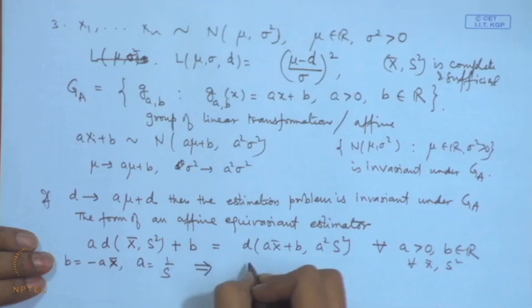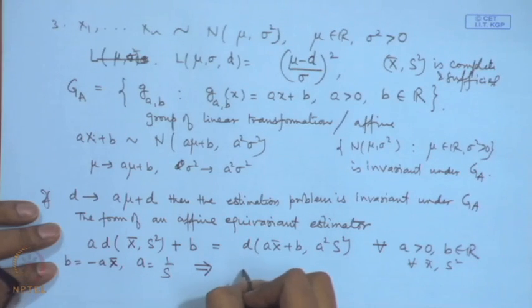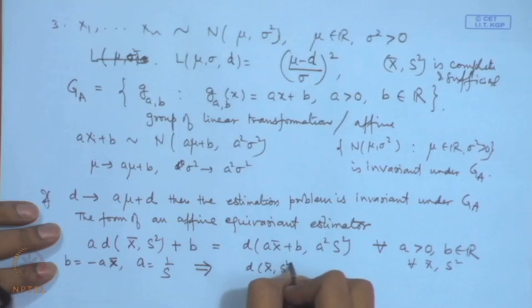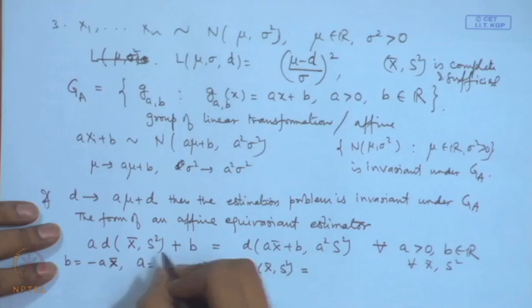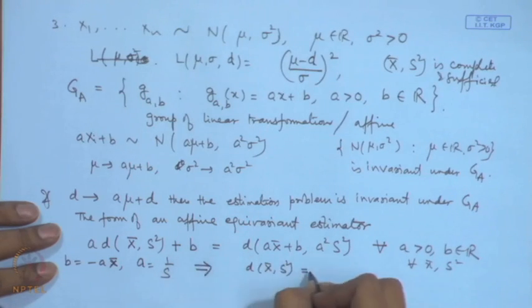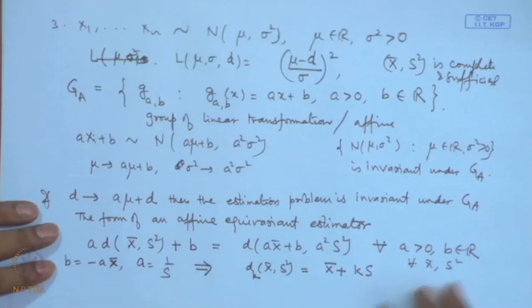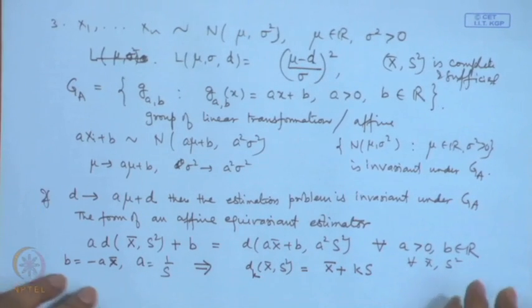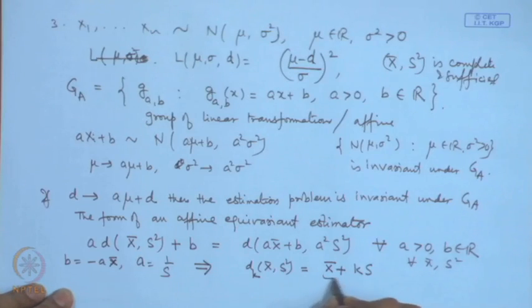Then this will give us d of x bar, s square is equal to x bar plus some constant times s. So, this is the form of an affine equivariant estimator.